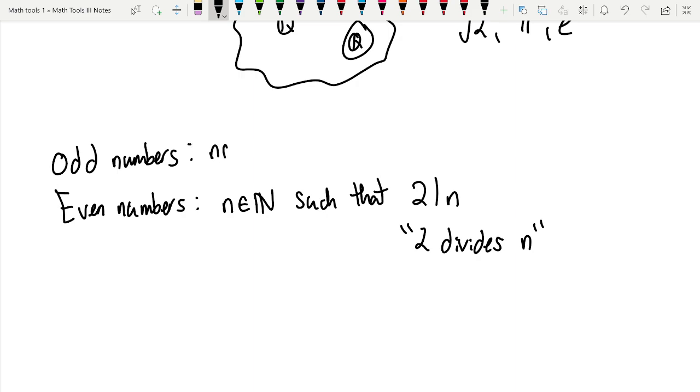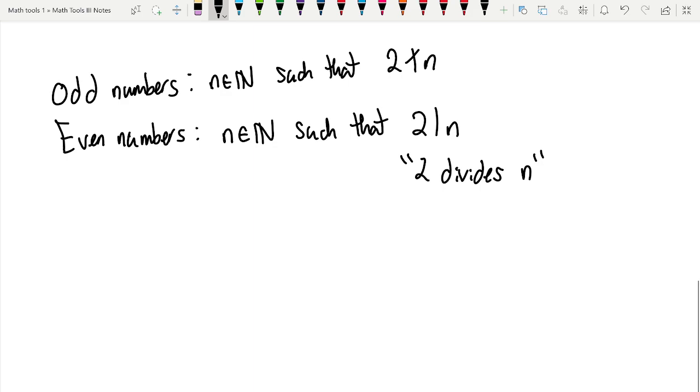Odd numbers would be n in the natural numbers such that 2 does not divide n. These are common symbols that you would see if you pick up any math book. Usually the first chapter is dedicated to setting up a lot of this stuff, so you'd probably see these symbols in there.